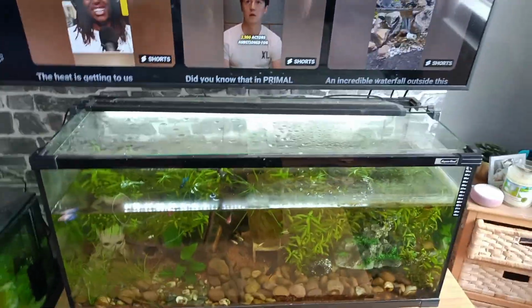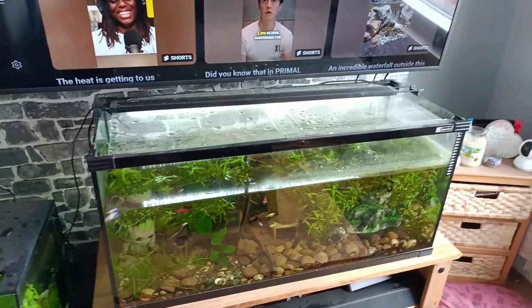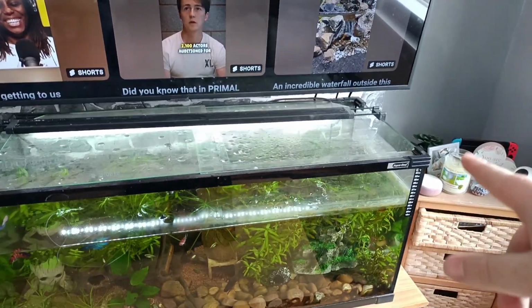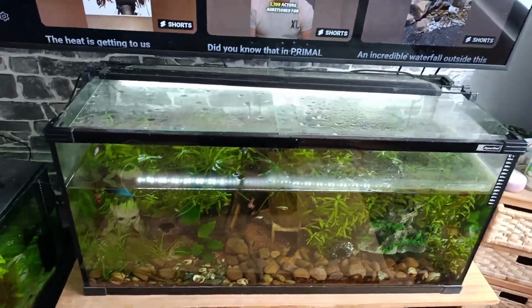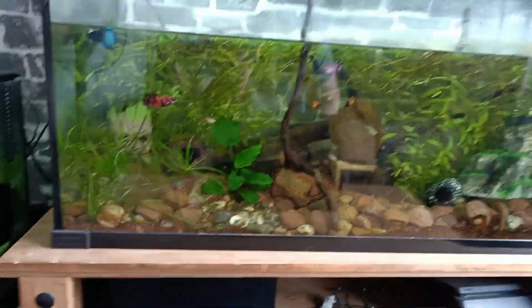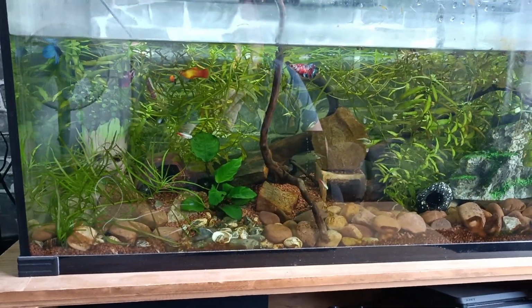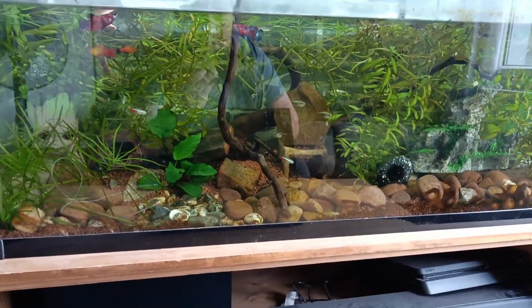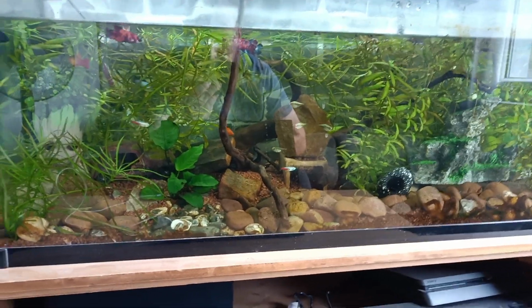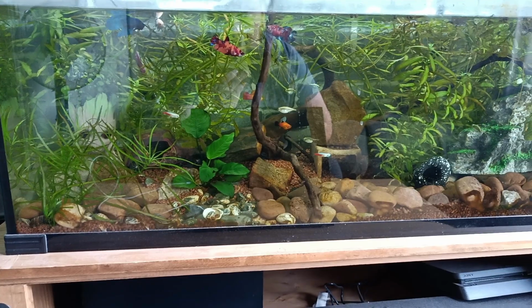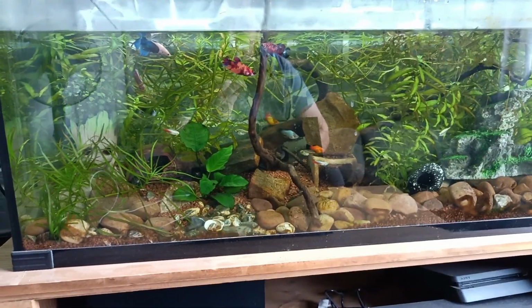Now, why do I have a sponge filter? I like to have a sponge filter just to keep the water moving at the top of the surface, so it won't be standing too still. But other than that, this tank, filter-wise, is based on plants.